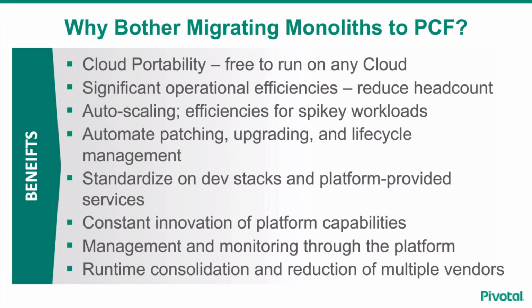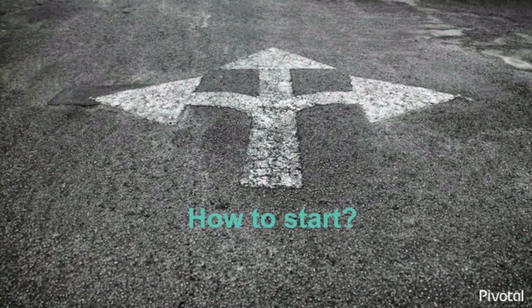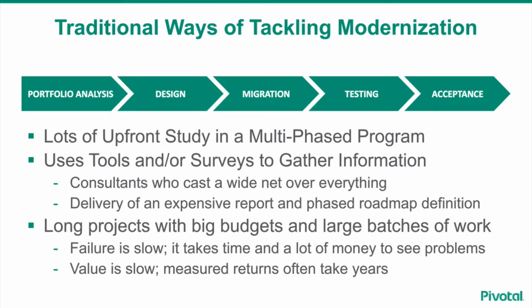There are some other benefits here that you can see, but in the interest of time, I'm not just going to read the slide. Let's get into a little bit more detail on how we get started. Where do you actually engage? The traditional way of evaluating getting started is, okay, let's look through our whole portfolio, let's do a bunch of design, let's think about our migration path, do some testing, and then ultimately get these things accepted.